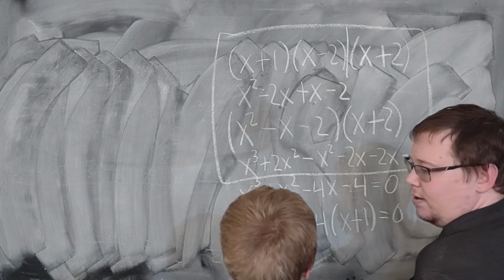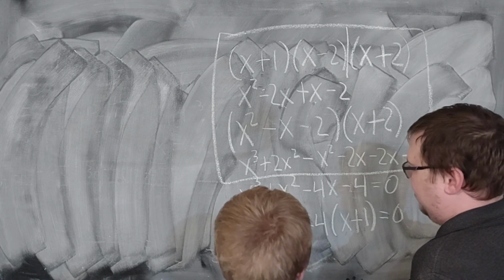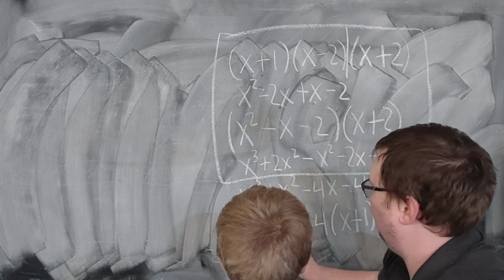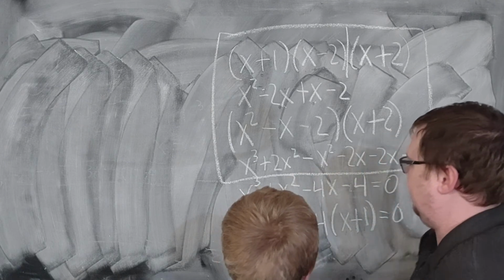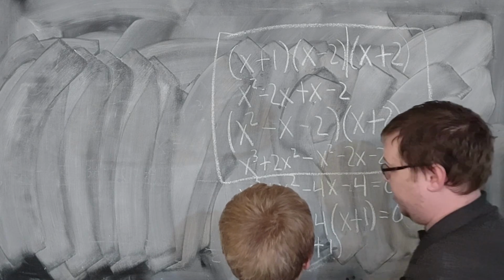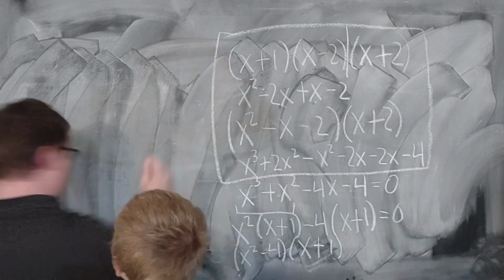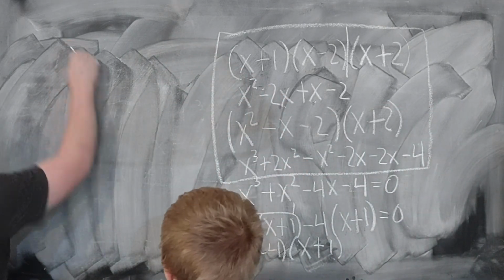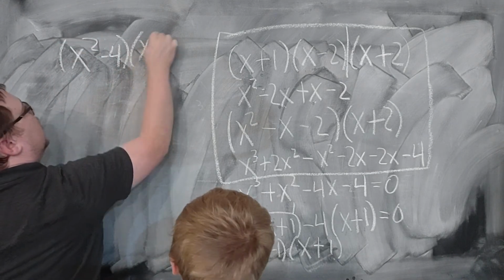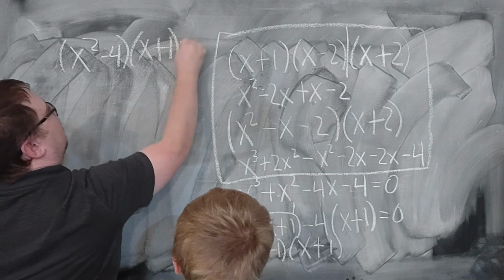Now what? Now, x squared minus 4 and x plus 1. Yeah, let's move over here. It's getting too low. Let me just write that down. X squared minus 4 times x plus 1. Okay?